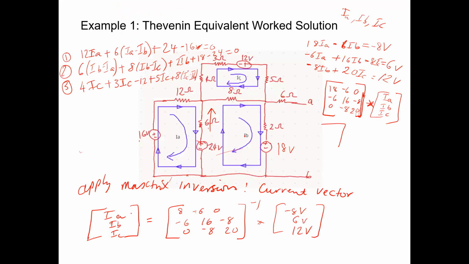Okay, let's rewrite the determinant A, for example, if we say this is 18, minus 6 0, minus 6 16 minus 8, and 0 minus 8 20. Okay, you can check this one in here, which is this one. And from that, step 1 is we need to calculate this one into a determinant.